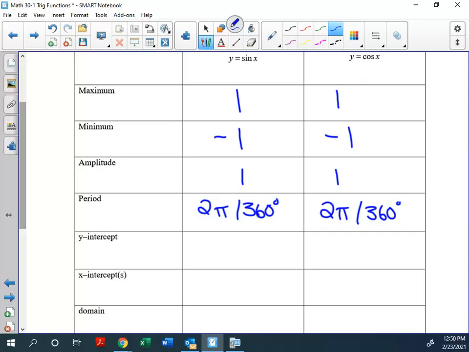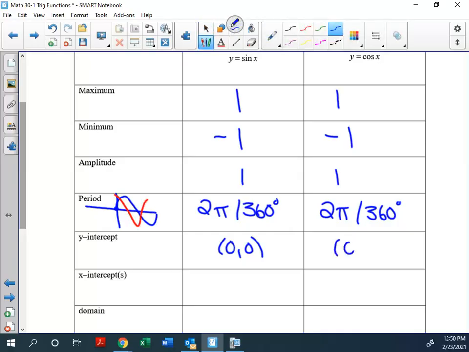This one's different. Sine started at 0 and went up, down, up. So its y-intercept is 0 for sine. But where did cosine start? 1. It started at the maximum.